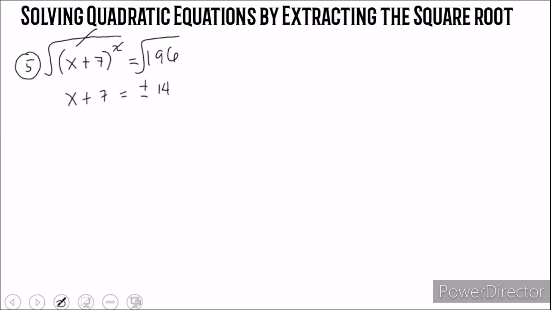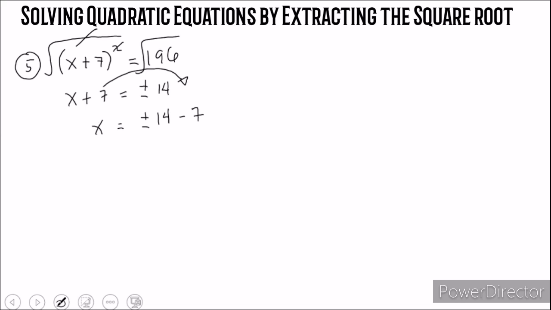And then, we isolate the variable. So, lipat natin si 7 sa kabila. So, instead of positive 7 siya, magiging negative 7 na lang. So, we have positive or negative 14 minus 7. Okay. Since ganito yung case natin, meron tayong dalawang solution ng equation.